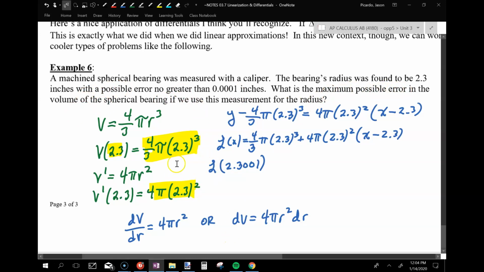Wouldn't the change in the volume be the difference from the original volume to the new volume? Wouldn't the change in the radius be the amount that I could be off? So check it out. The amount that the volume could be off is the same as 4 pi r squared times 0.0001.